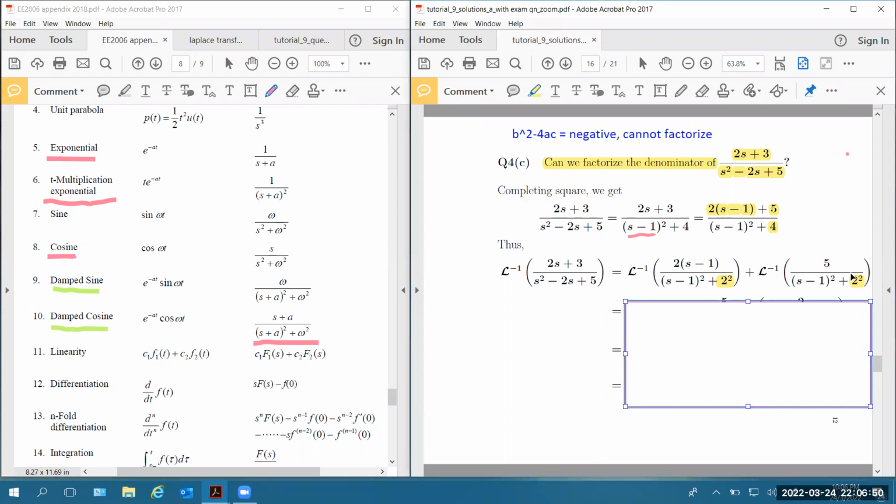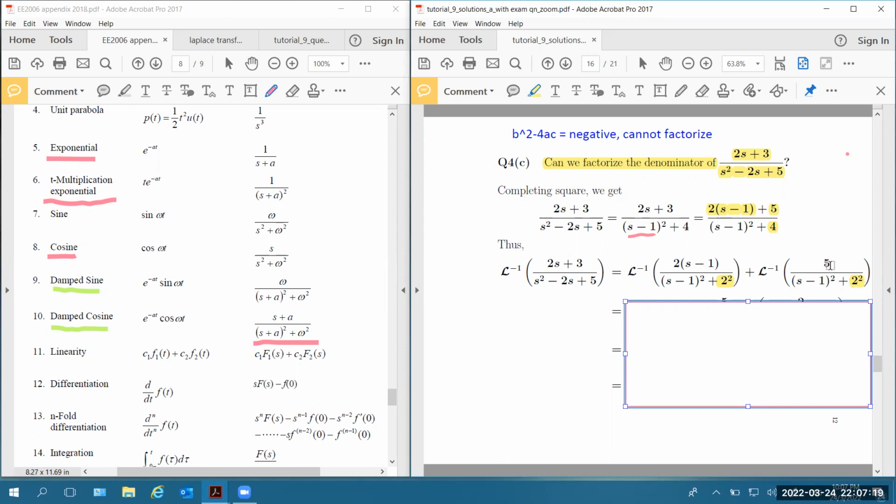Then the second term, now I'm talking about the second inverse Laplace transform. Which one can we fit? 5 over (s minus 1) squared plus 2 squared.